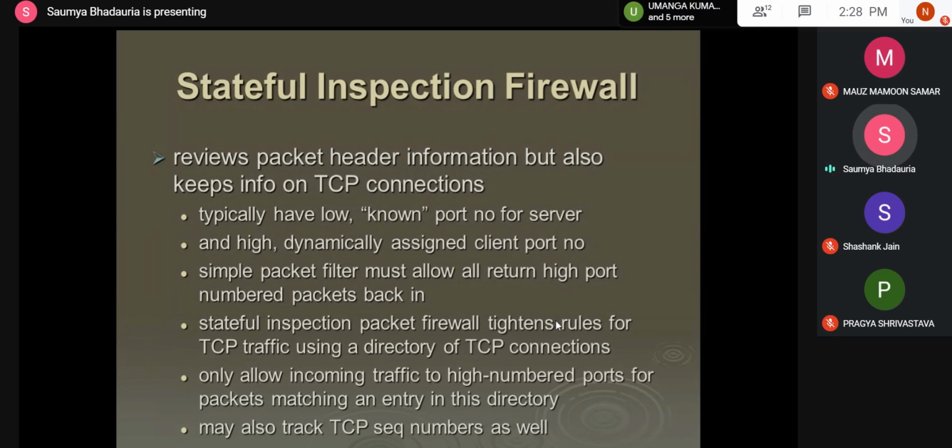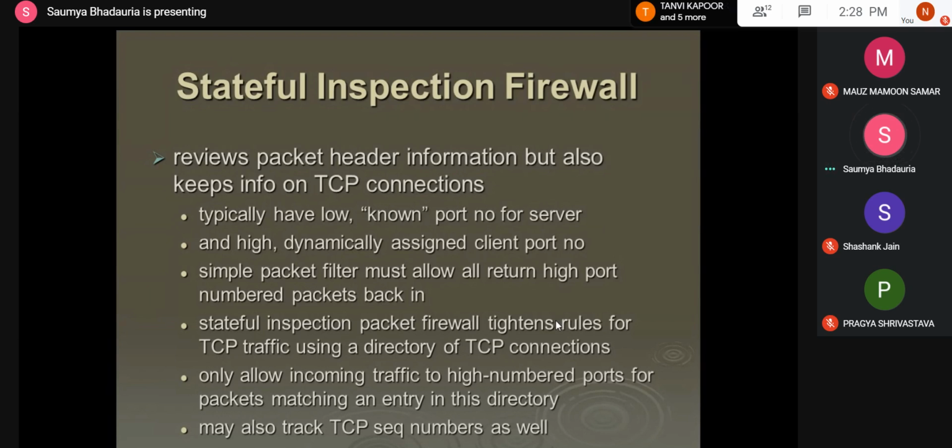So here, a simple packet filtering firewall would permit inbound network traffic on all of these high numbered ports for TCP based traffic to occur. Clear? That is, on all of these port numbers there would be inbound traffic allowed.